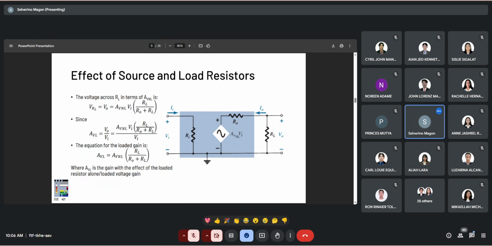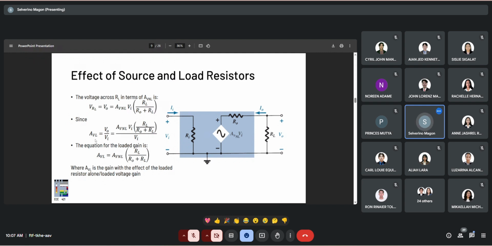So the voltage across RL, in terms of AVNL, the no load voltage gain, is VO, which is VI times the no load voltage gain, and then the voltage divider, right? RL divided by the sum of RL and RO.